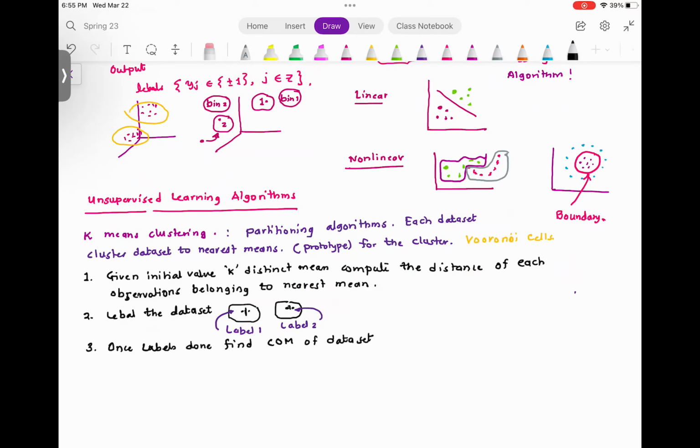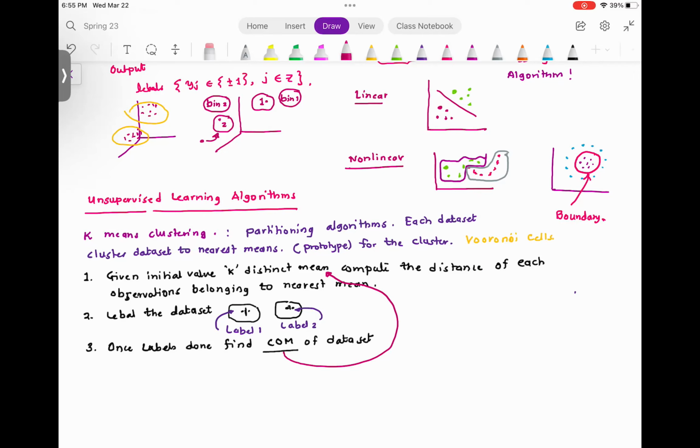And then once you find this center of mass, you can find the new mean and then use that mean to find the cluster. And you iteratively repeat this process.